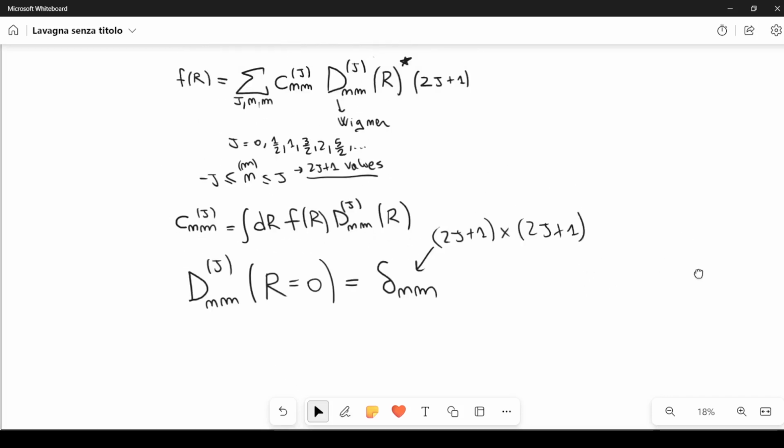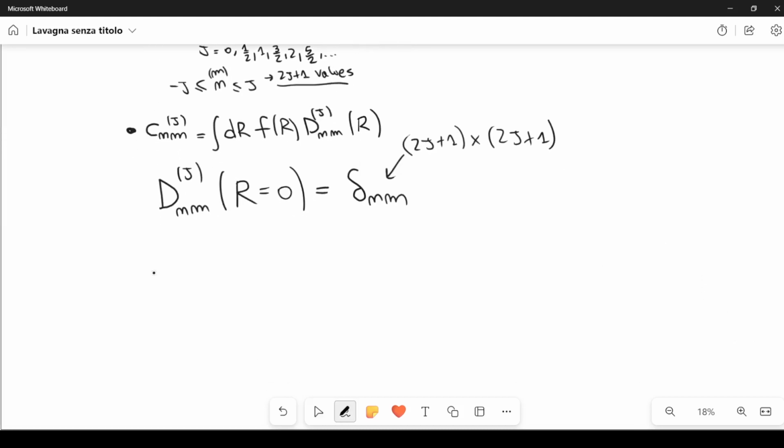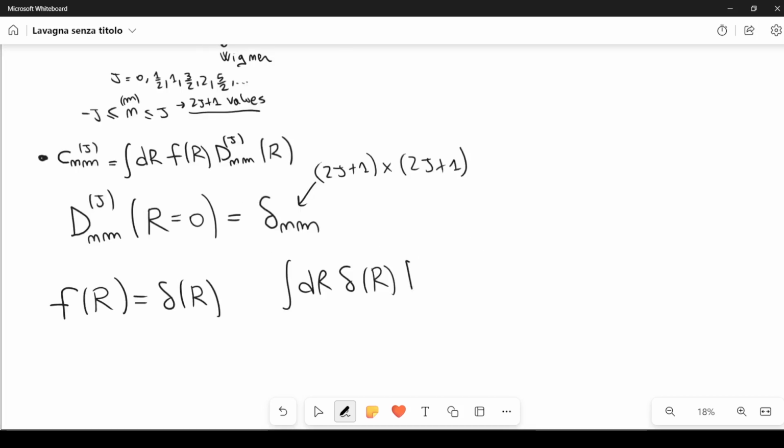Now, I want to use the two formulas above, in particular this one here and this one here. I want to choose a function f of R equal to delta of R, and in this case we have to interpret this as the Dirac delta. So if I use this formula first, I have the integral over R, delta of R, then D^j_nm of R equal to D^j_nm of 0.